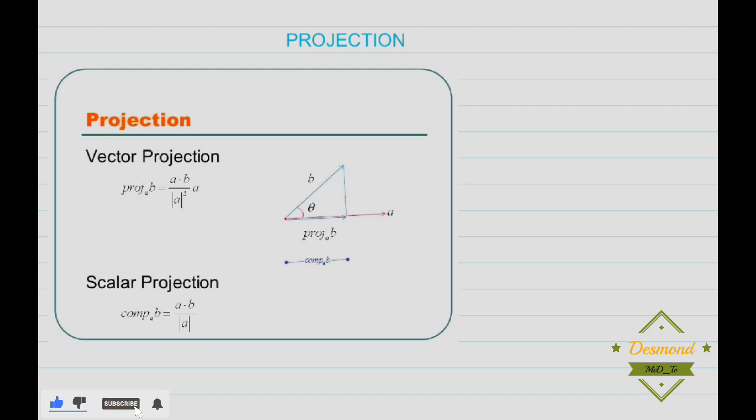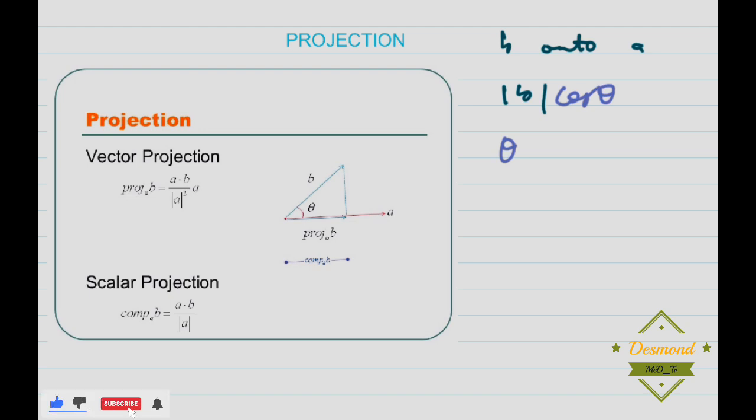The scalar projection of B onto A, which is also called the component of B along A, is defined to be the signed magnitude of the vector projection, which is the number modulus of B times cos theta, where theta is the angle between A and B.